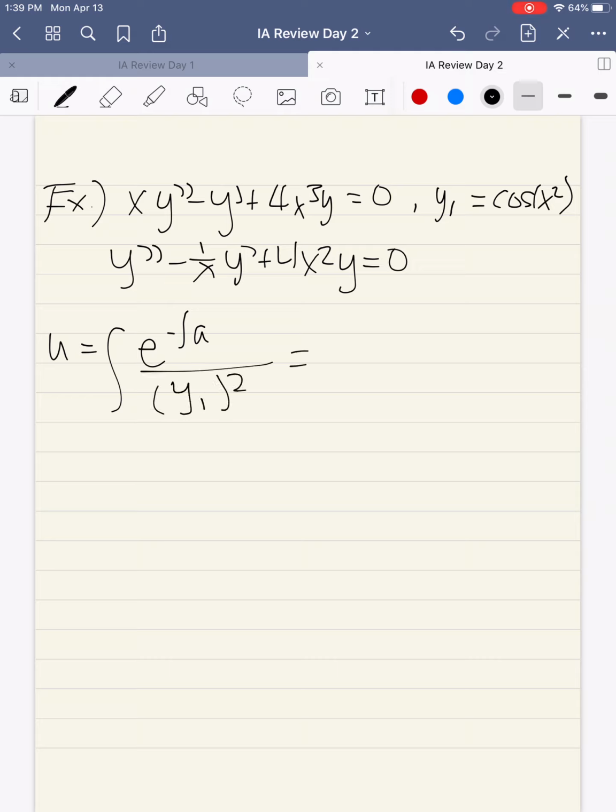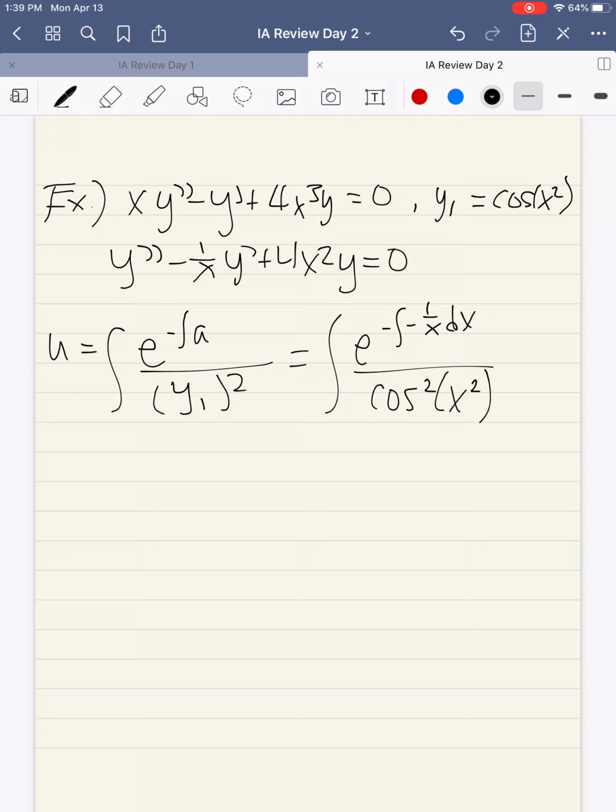So subbing in what we know, our a is whatever is attached to y prime. So here we have u is equal to the integral of e to the negative 1 over x dx over cosine squared of x squared.